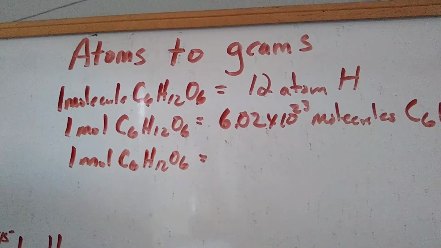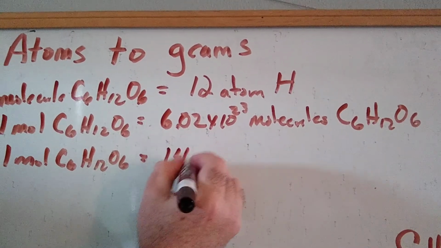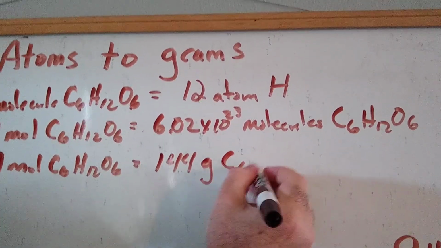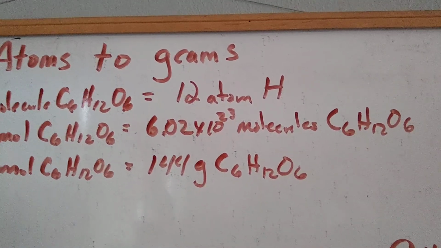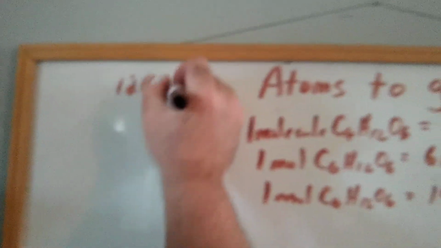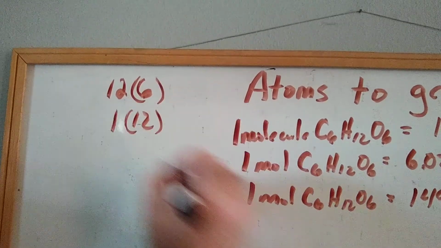And then we know that 1 mole of C6H12O6 is also equal to 144 grams of C6H12O6. Again, where did that 144 come from? Well, we know that we got 12 AMUs of carbon, and there's 6 of those. We got 1 for hydrogen, and there's 12 of those.